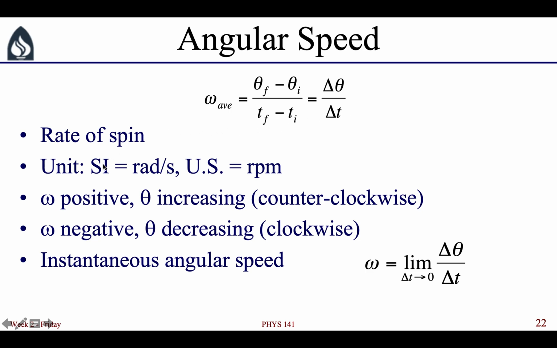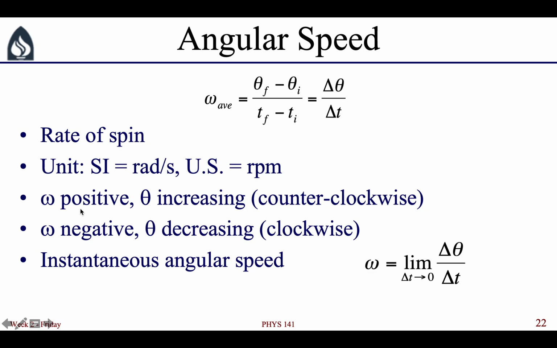Now, sometimes you will see angular speeds expressed in rotations per minute, and if you do, then it's important to convert them to standard units of radians per second, one rotation being equivalent to 2 pi radians.